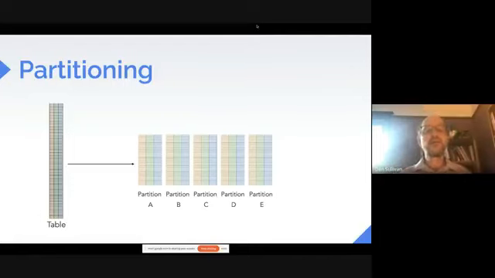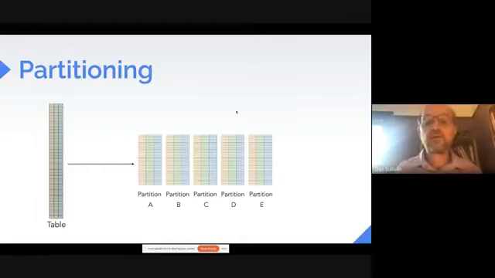So the idea behind partitioning, as I mentioned, is just making a big table feel smaller. Here we have 5 partitions. Those partitions all have some range of values that they take care of. So partition A might be 1 to 100, partition B might be 100 to 200, and so on.